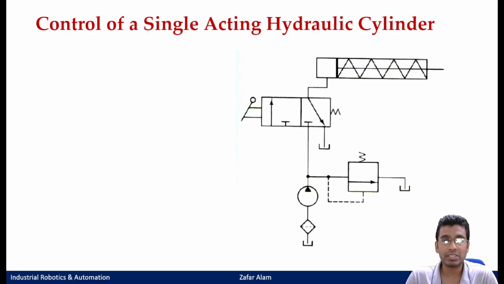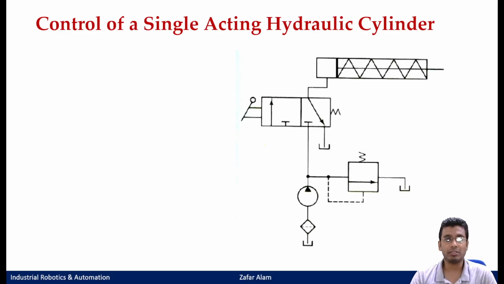Basically your representation for your actuators, that is the cylinders, and your valves would remain the same for both hydraulic and pneumatic. However, all your power generation systems as well as your different safety elements are specific to a hydraulic system, and for a pneumatic system it would again differ. So in today's lecture we'll be covering only that of your hydraulic system.